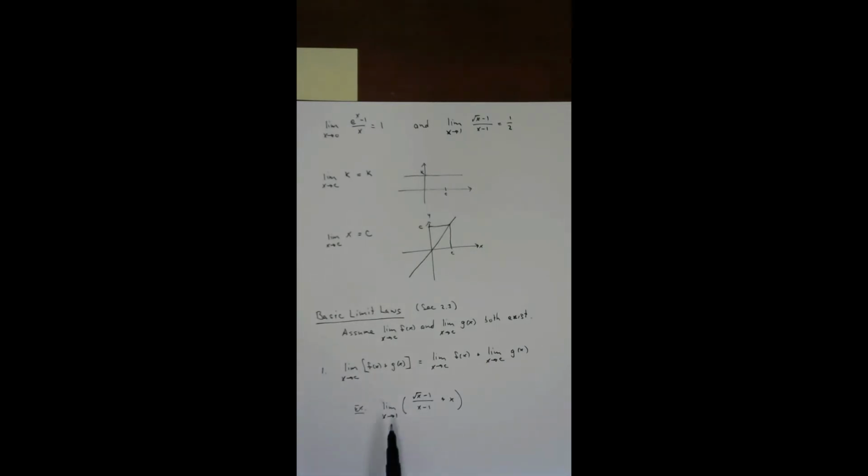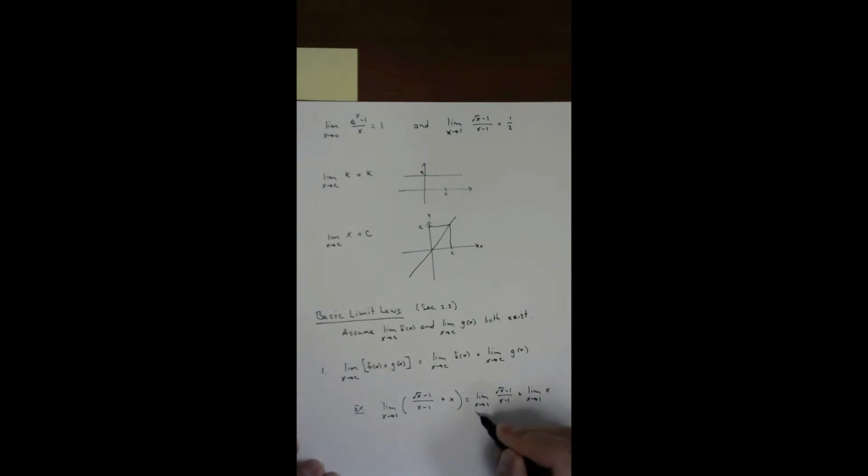Now we could plug in numbers really close to 1 and see what values we get. Or we could use this limit law. So this says this is equal to the limit as x goes to 1 of (√x - 1)/(x - 1) plus the limit as x goes to 1 of x.